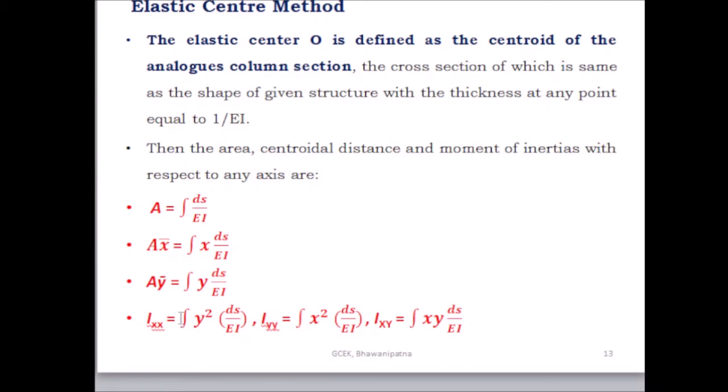Similarly, the moment of inertia about the x-axis Ixx is equal to integration y square ds by EI, the moment of inertia about the y-axis Iyy is equal to integration x square ds by EI, and the product of inertia Ixy is equal to integration xy ds by EI.